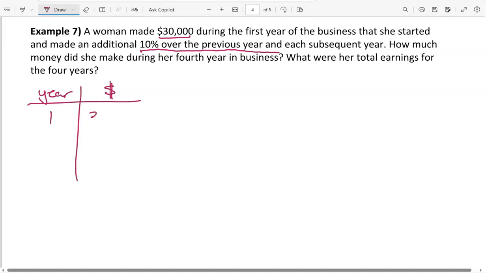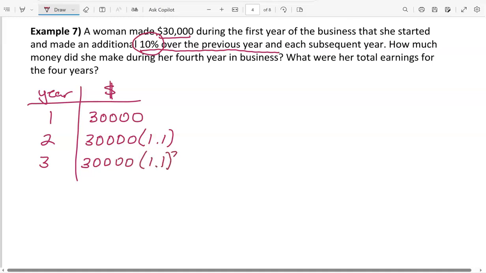So in year 1, we know that she made $30,000. When we increase a number by 10% for her second year of earnings, we take that 30,000 and we multiply it by 1.1 for 110%. In the third year, we'll multiply by 1.1 again, and then in the fourth year by 1.1 again.